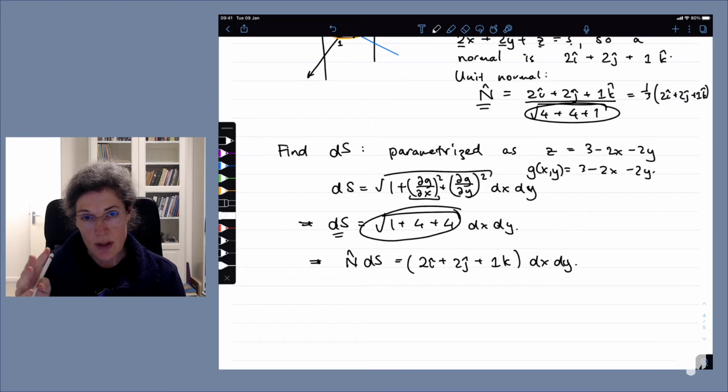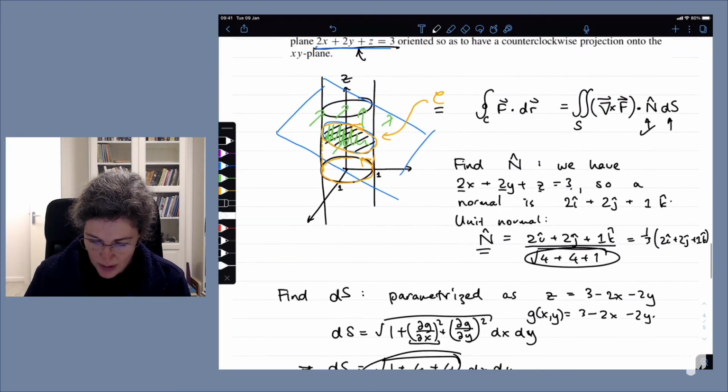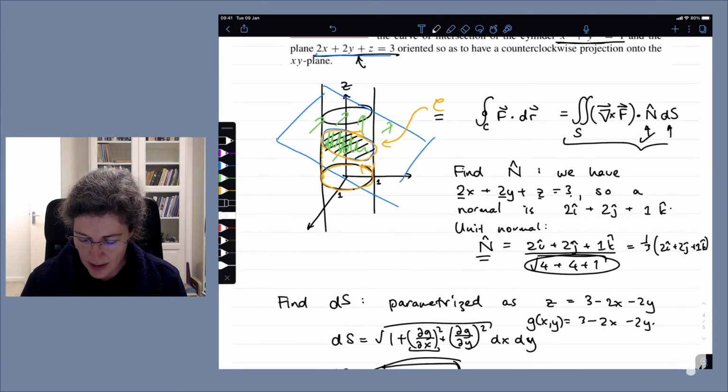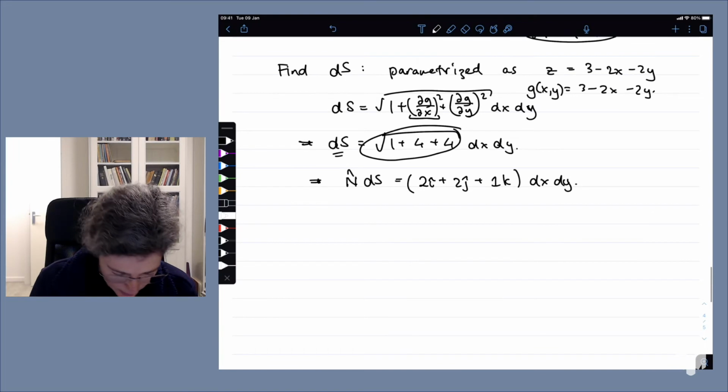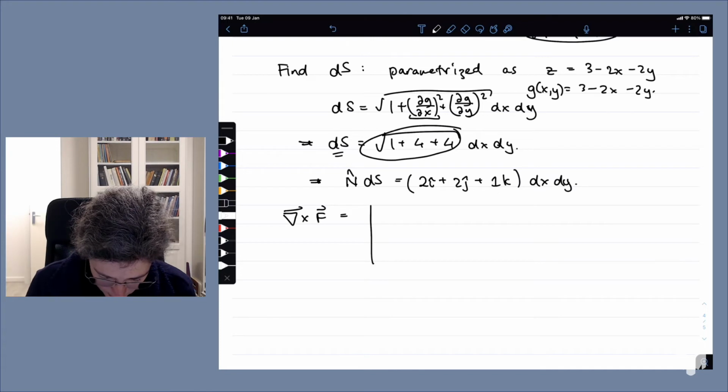All right, so having worked out all of this, we can put this all together in here. Oh, we need one more thing. We need to work out our curl of F. So let's work out our curl of F. It's going to be the determinant of this thing.